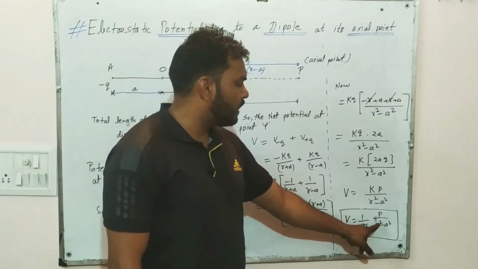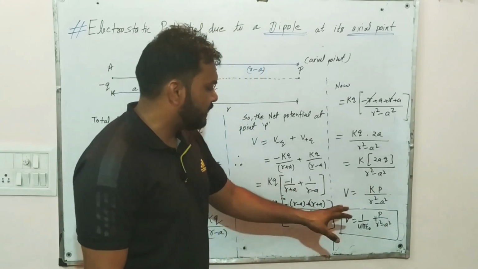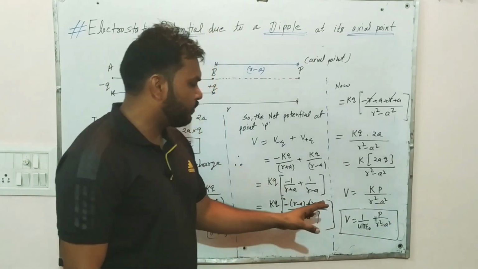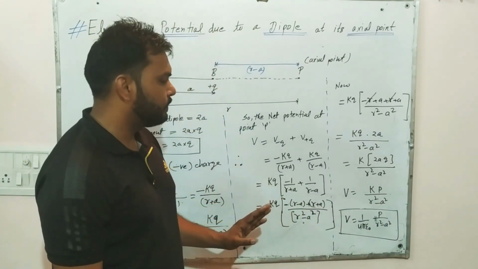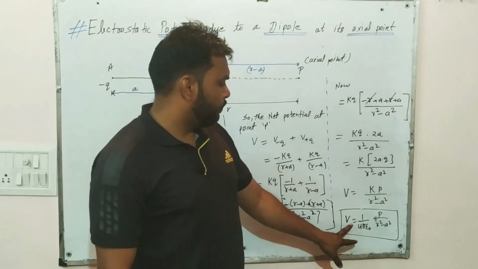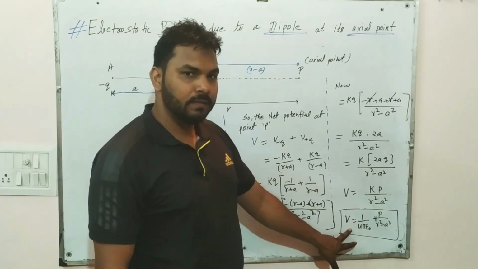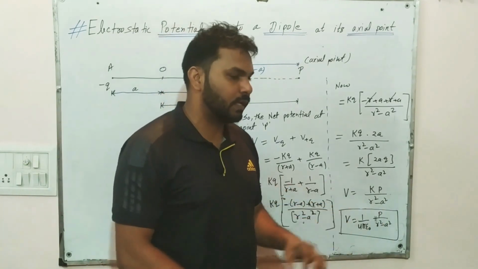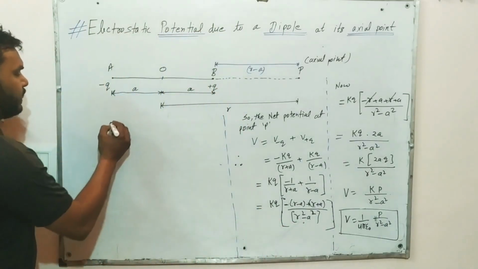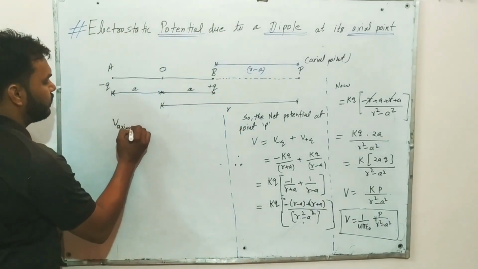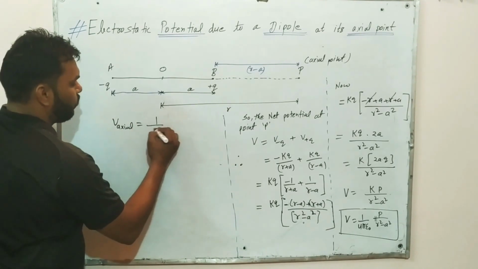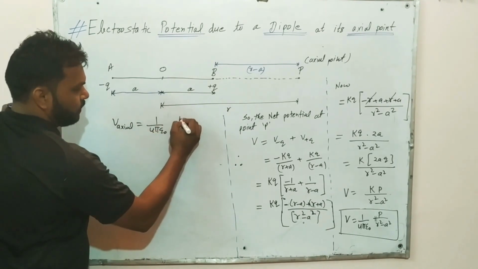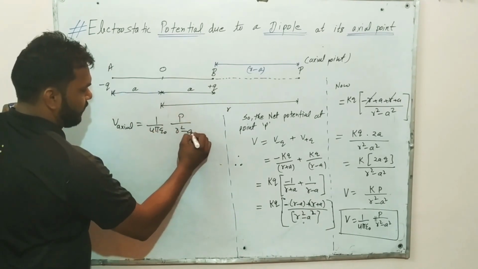So this is the expression for the electrostatic potential at the axial point. V axial is equal to 1 upon 4 pi epsilon naught into p upon r square minus a square.